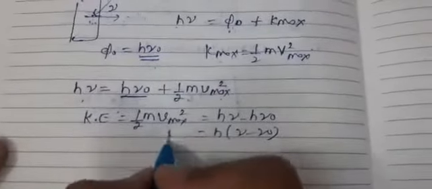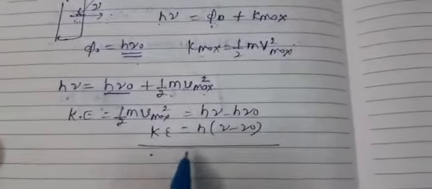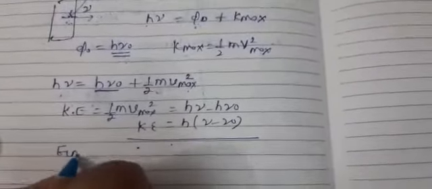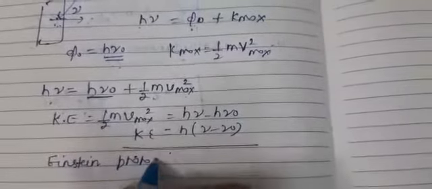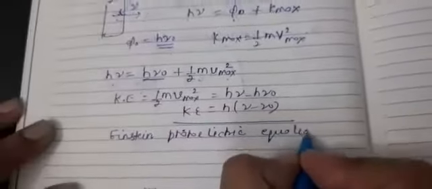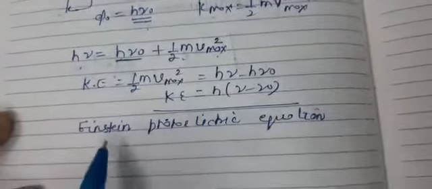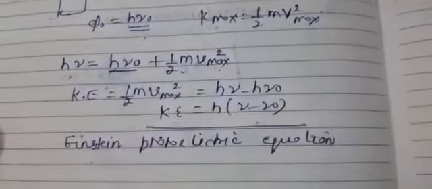This is basically the equation, called Einstein's photoelectric equation. As we have already explained the laws of photoelectric effect, here Einstein by this rule will explain all the laws.